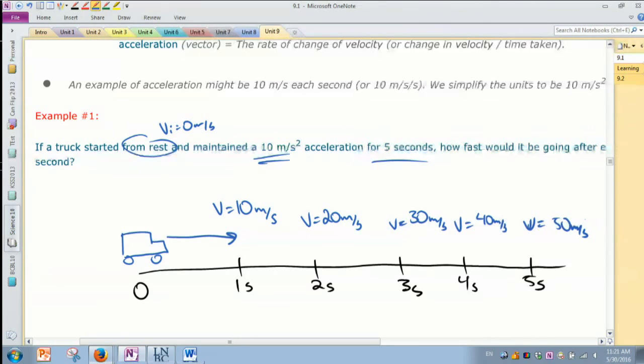So each second, the truck is increasing its velocity by 10 meters per second. That's what 10 meters per second squared means.